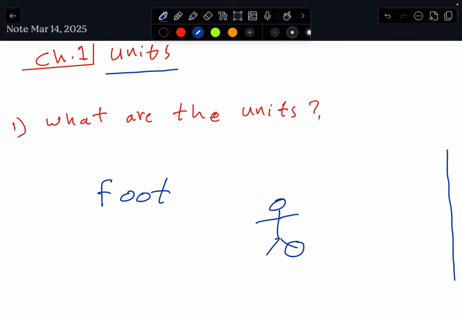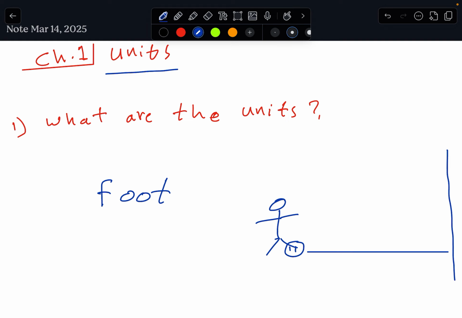We know the distance of our foot, it starts here and ends here. This is a foot. This is known, this is a fact, and we want to compare it to the distance to this wall, for example.